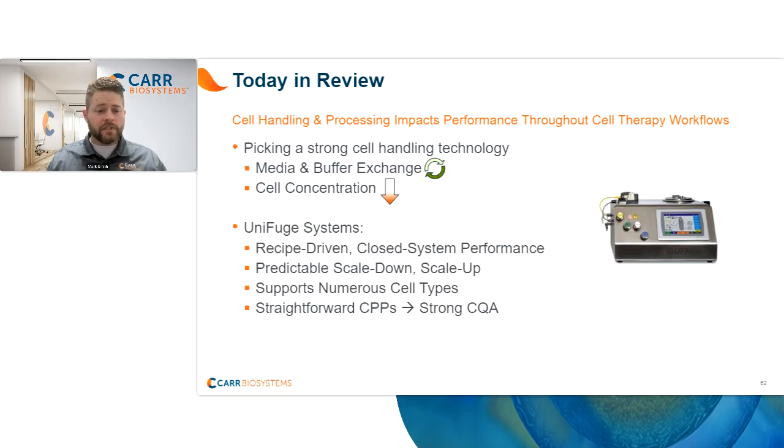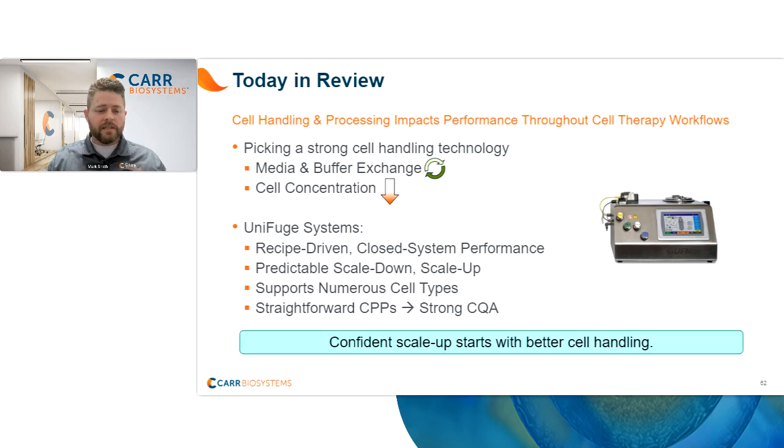And that the Unifuge systems, while they're recipe-driven and closed system, that gives a lot of performance, gives that predictable scale down and scale up, supports a number of cell lines, and gives you that straightforward early access to the critical process parameters, allowing you to have early definition of your critical quality attributes. Ultimately, confident scale up starts with better cell handling.